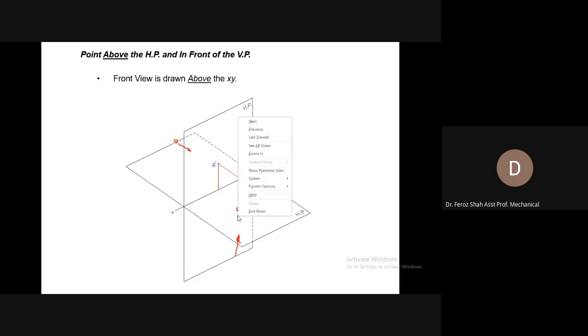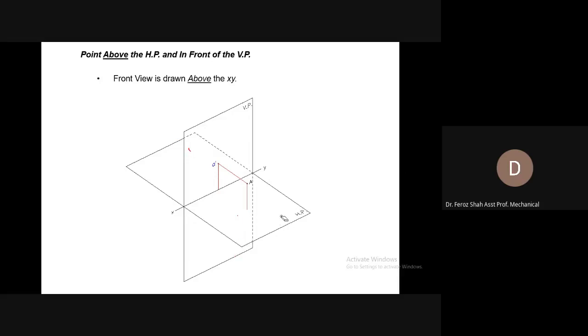So you have seen that for projection we will have two principal planes of projection, the horizontal plane and the vertical plane.